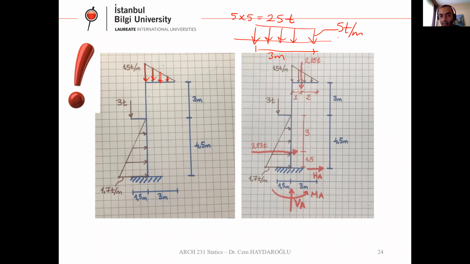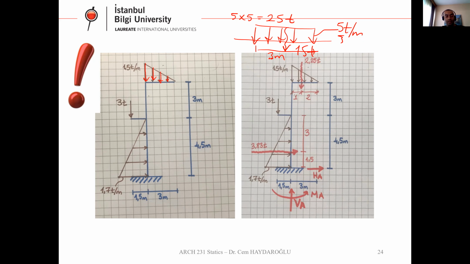But actually it's 5 times 3, it's 15 tons. There is no meaning for the number of these arrows. It's a sketch, it's just a drawing to represent that there's a distributed load on this region. Okay, keep this in your mind. Just calculate the area of these basic shapes. Okay, let's go back to our question here.